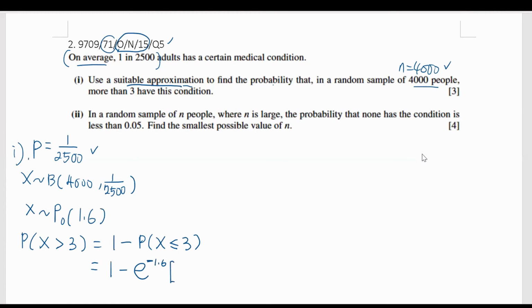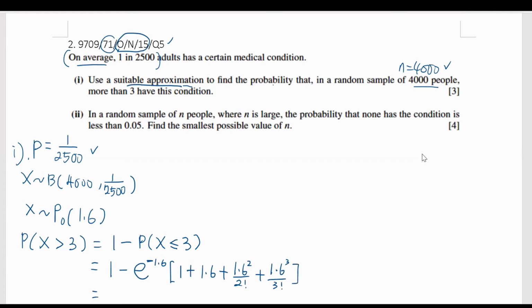When x is 0, you get 1. Then 1.6. Then 1.6 squared over 2 factorial, that's when x is 2. Now x is 3: 1.6 cubed over 3 factorial.